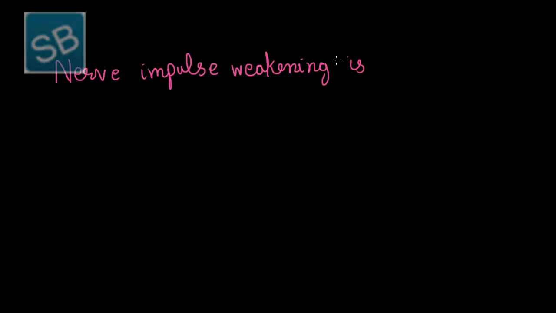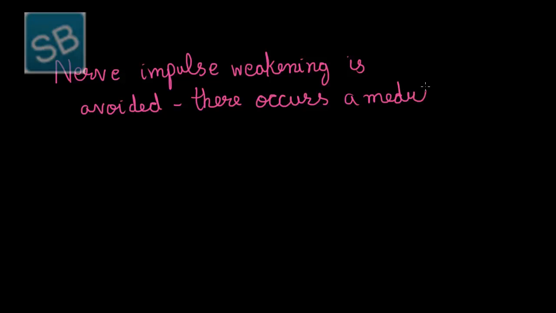However, in order to protect the nerve impulse weakening, there occurs a medullary layer which surrounds the nerve fiber.